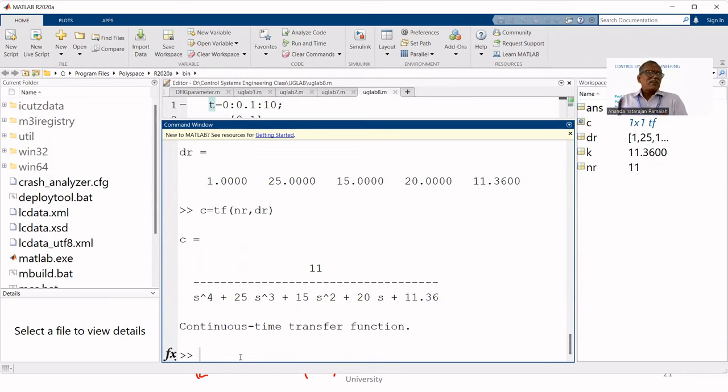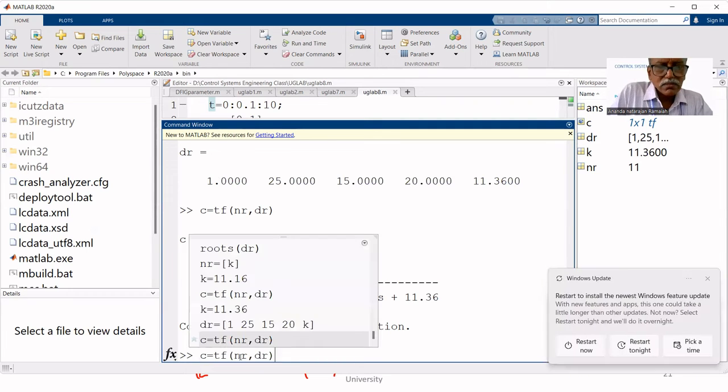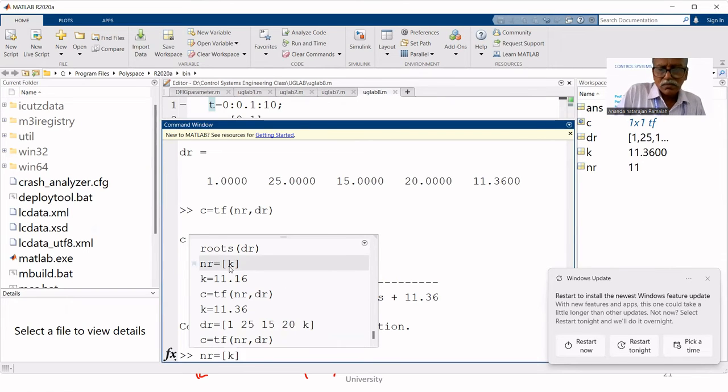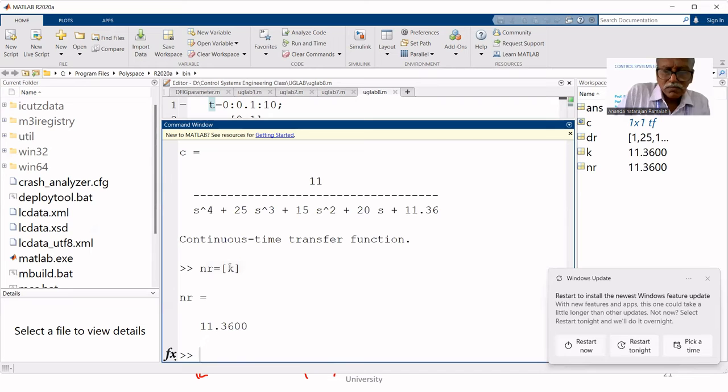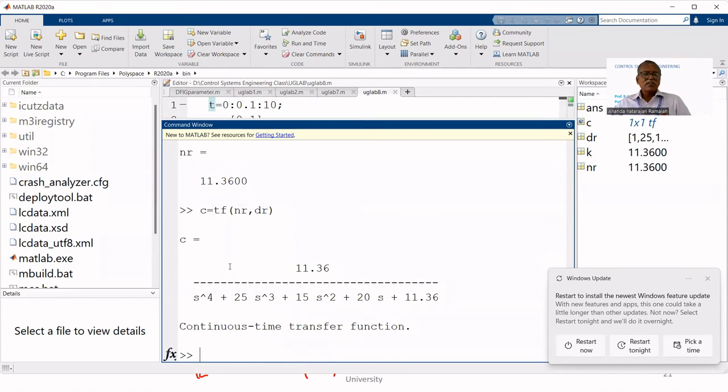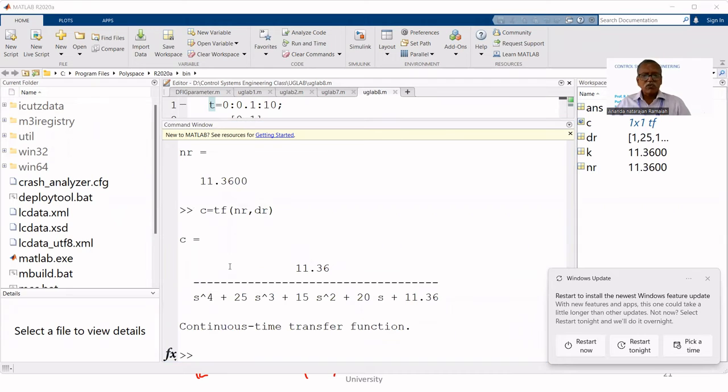The transfer function is 11.36 over s power 4 plus 25 s cube plus 15 s square plus 25 s plus 11.36.